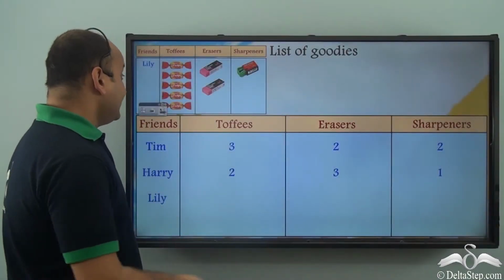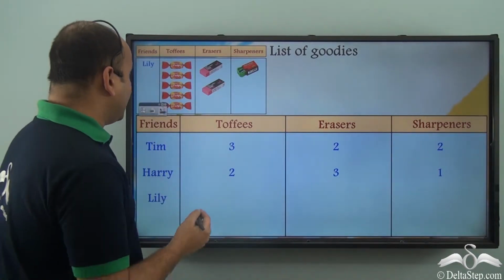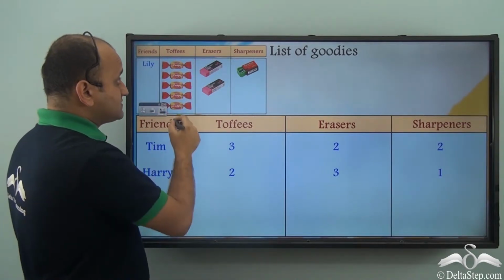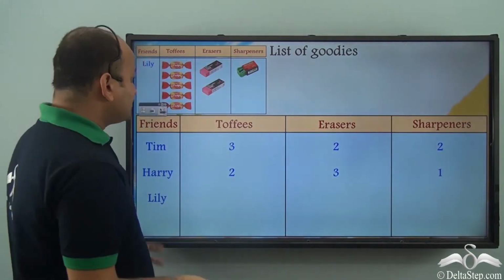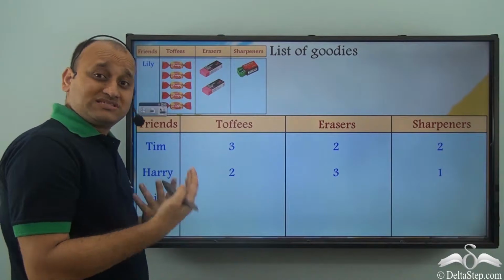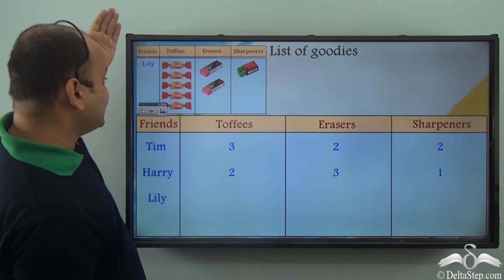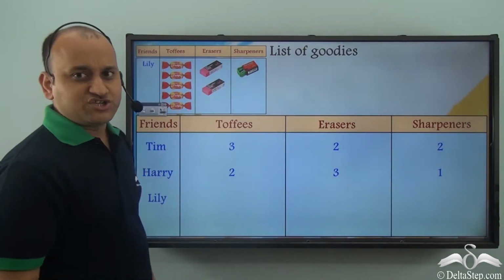Now let's see what Lily collected. Well, in case of Lily, you have 5 toffees and 2 erasers and 1 sharpener. So just by looking at the pictograph, because it is so simple and easy to understand, you were able to extract the information that Lily collected 5 toffees, 2 erasers and 1 sharpener.